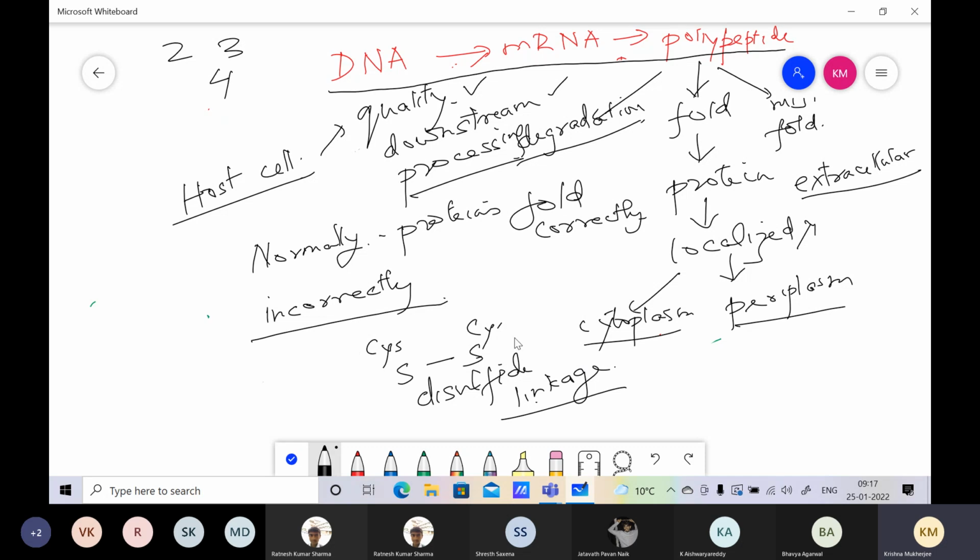Think about it. 2 cysteines have to form a bond, but with 4 cysteines, this is what you want, these are the correct bonds, but you may well have this and this, or this and this. All these are incorrect bonds. So there are higher probabilities of incorrect formation, especially if the fold is not correct.